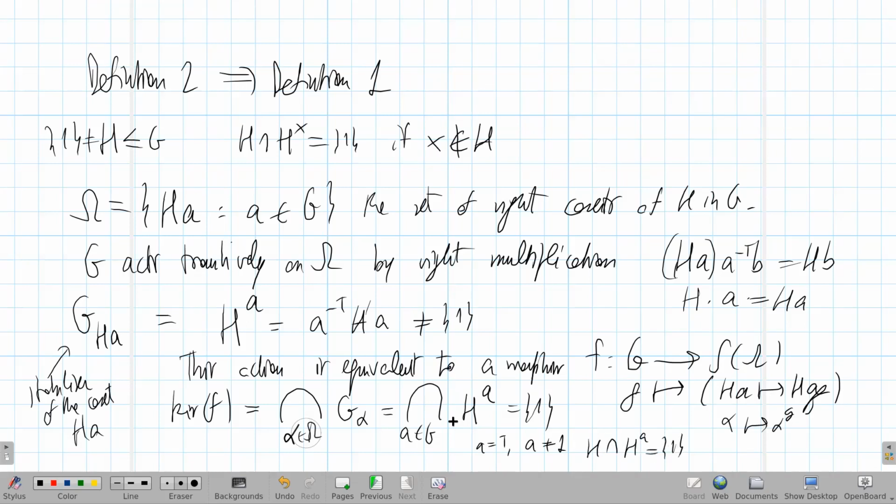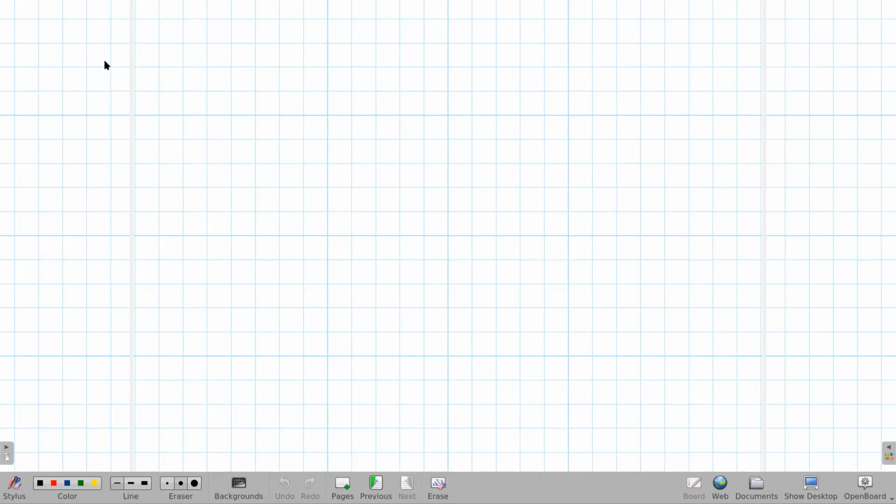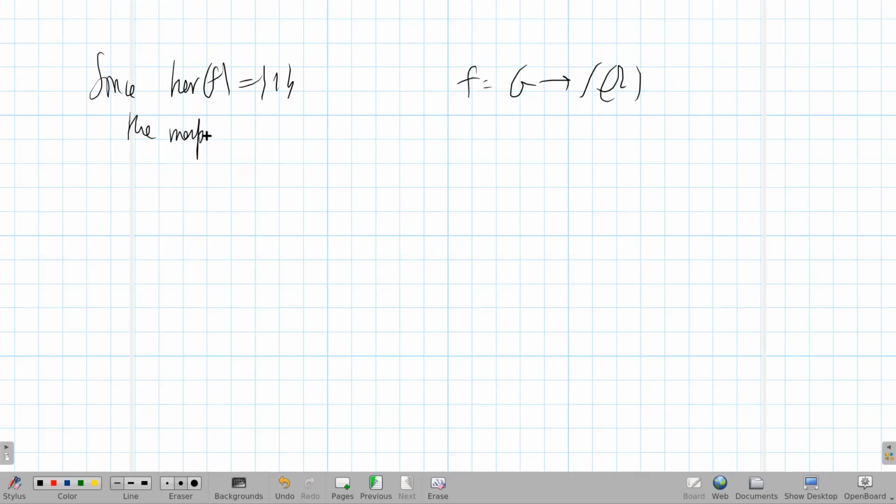So just the intersection of two is trivial, and so this proves that the kernel is trivial. Since the kernel is trivial, we have that the morphism F is injective.